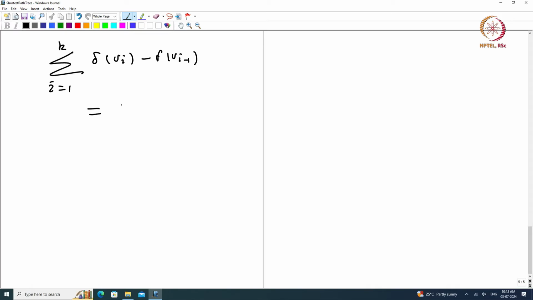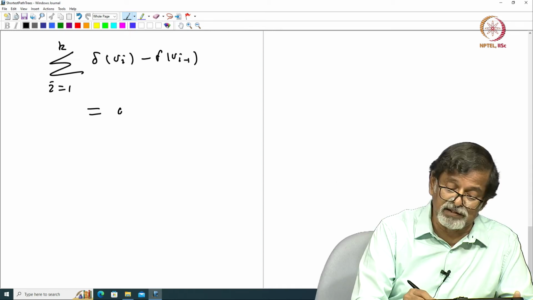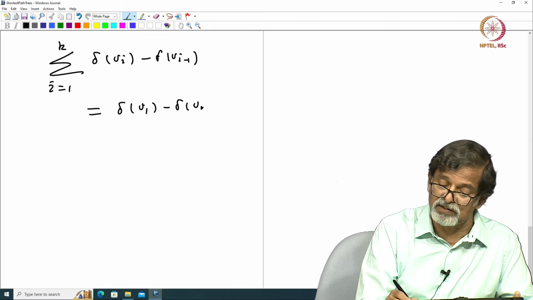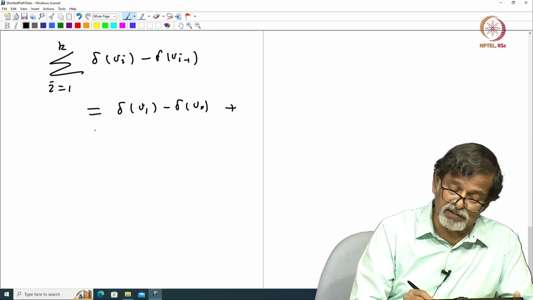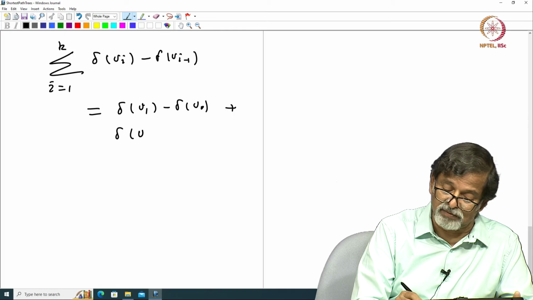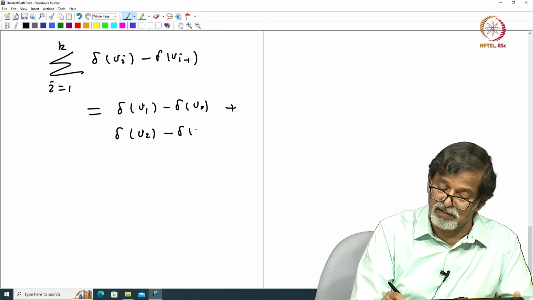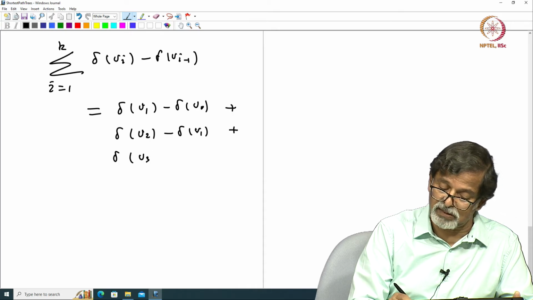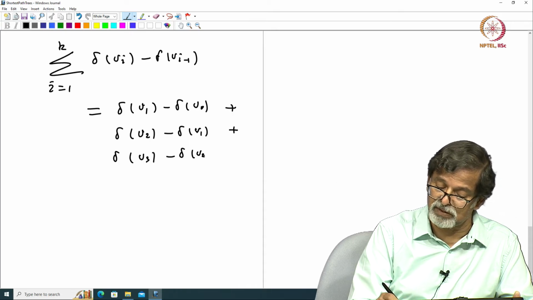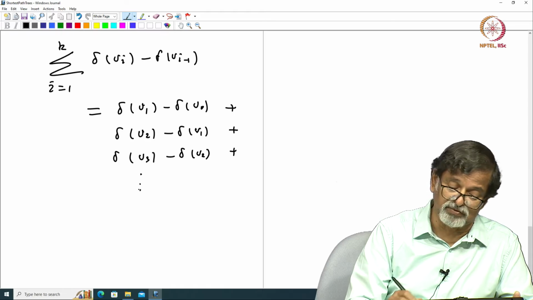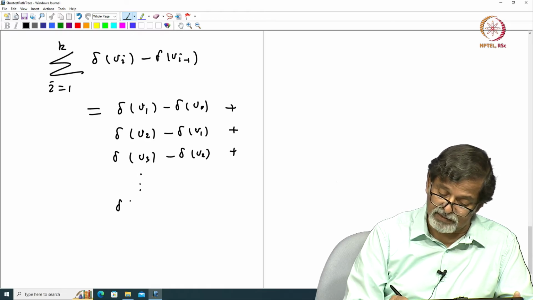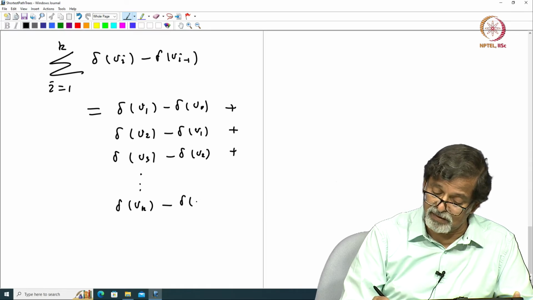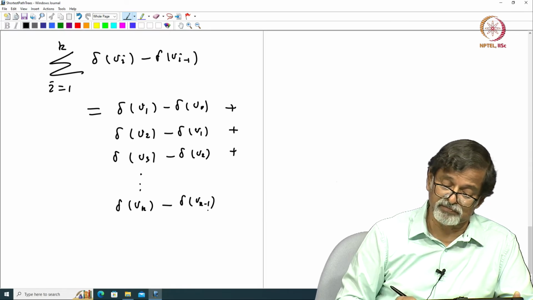For i equal to 1, it is delta V1 minus delta V0, plus, for i equal to 2, delta V2 minus delta V1, plus delta V3 minus delta V2 and so on. Finally, for k it is delta Vk minus delta V(k-1).